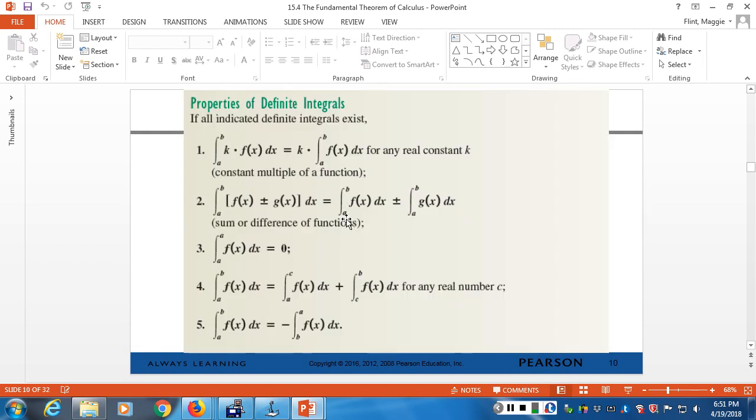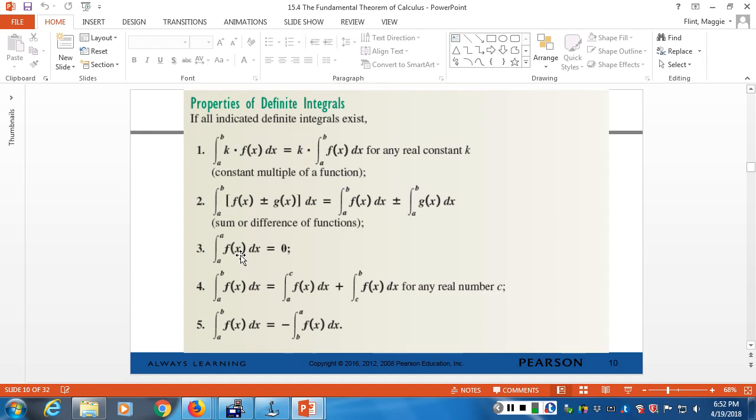Now, the only one of these I want to talk about, because we talked about these two in the previous, that basically if you've got a constant times the function, the constant comes out front. If you've got several terms, break it up and evaluate each term. But this one here is stating something so obvious, I've always wondered why they include it as one of the properties.